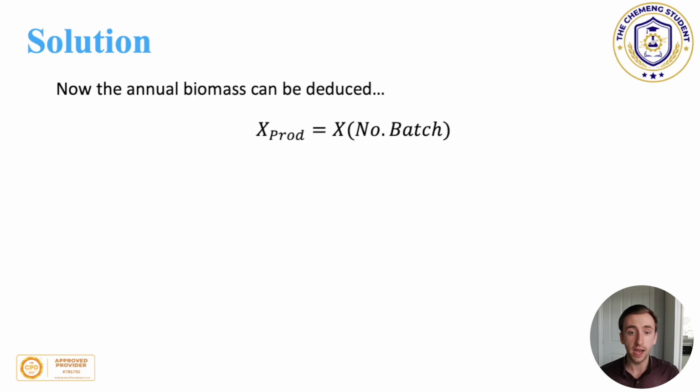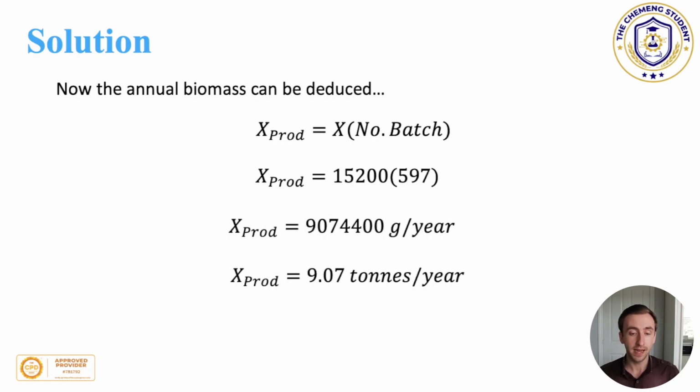Now therefore the annual biomass can be deduced as 15,200 multiplied by the number of batches, which will give us 9,074,400 grams per year, or in other words 9.07 tonnes per year. So you can see that the equations are nice and straightforward, but they have to be solved in a very systematic method.